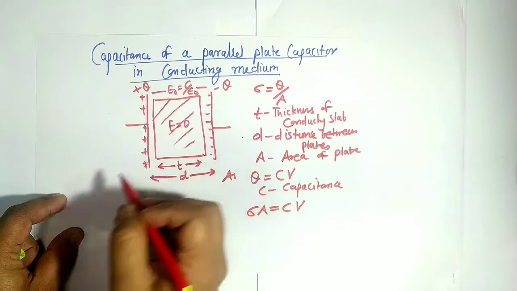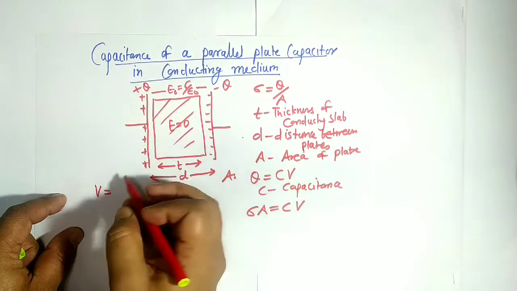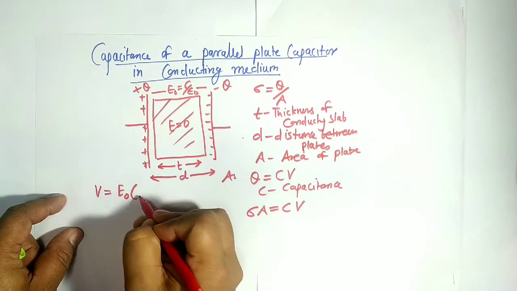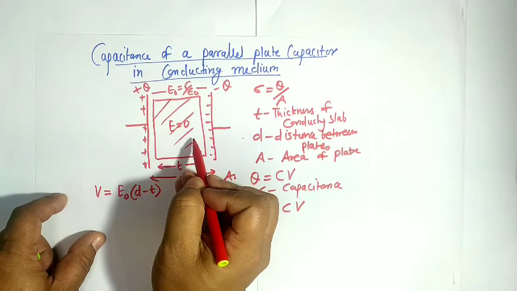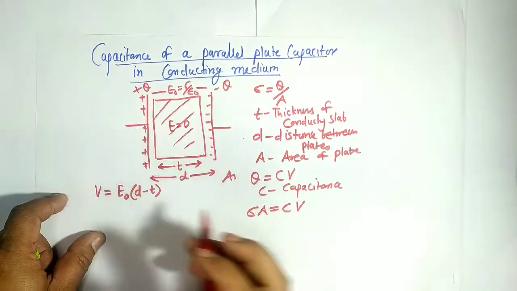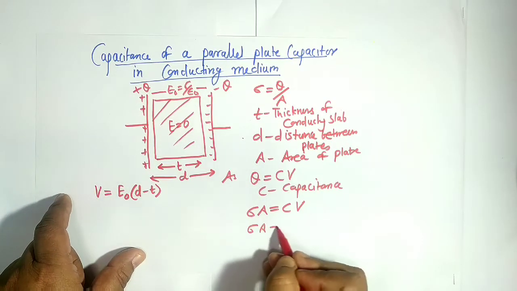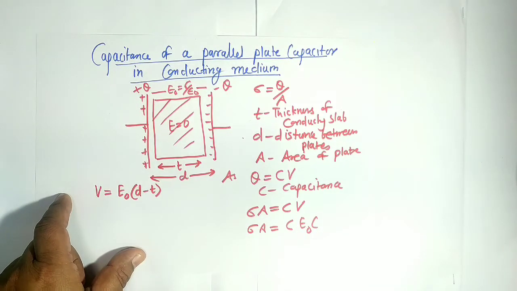Last class also I told you that the potential difference is very important, and it is electric field into distance. So E naught, and E naught exists in only D minus T. So distance is D minus T, because inside the conductor the electric field is zero. Only it remains in D minus T. So this is the potential difference. We will put it here, C times E naught into D minus T.